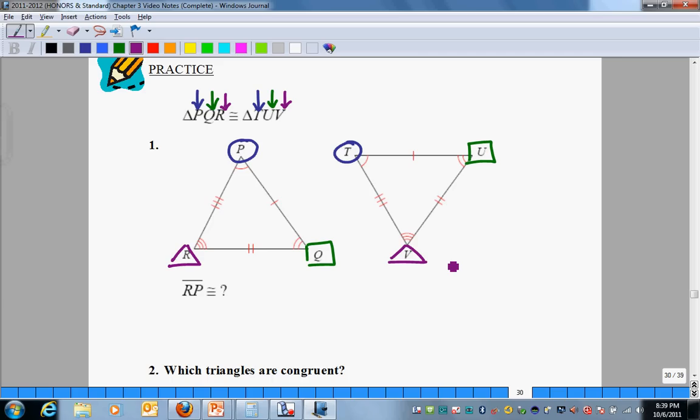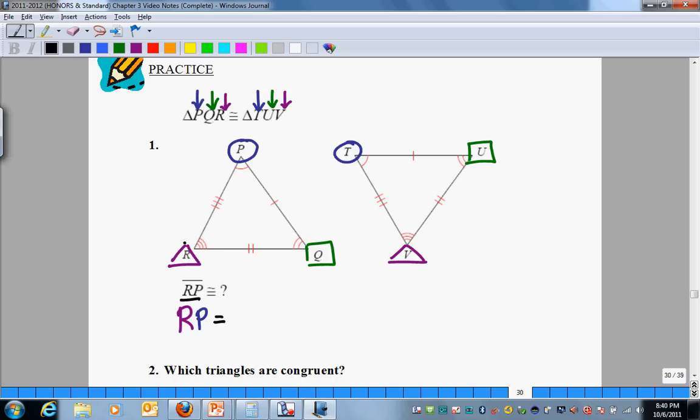So when we want to match up a side, we want R and P. So to keep the color consistent, R I did in purple, P I did in blue. So when I want to match the side there, I have to go purple, blue as well.